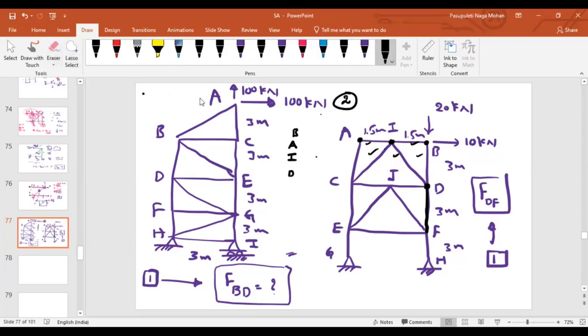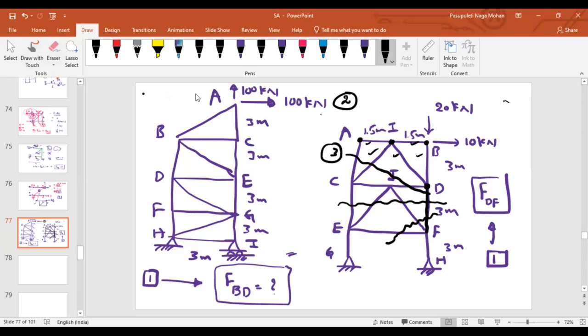So obviously we have to go for the method of sections. What we have discussed is that we should cut not more than 3 members, right? So if I'm interested in DF, can I cut like this? This is the first I will choose. Second, I will choose like this. Third, I will choose like this.